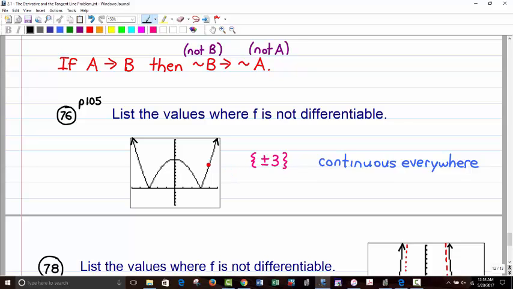I added the arrows because on a calculator graph you can't always tell, but I would clearly mark it if it was sharp points. So if you assume this graph goes on forever, you look at other issues. For this one, it would be these two sharp points right there, -3 and +3.